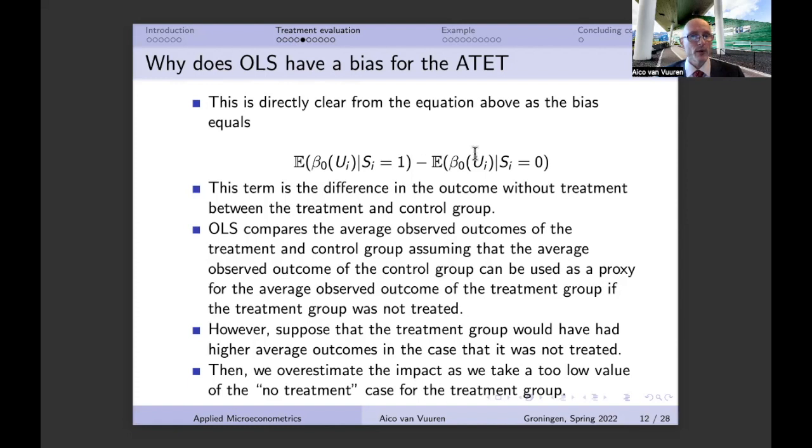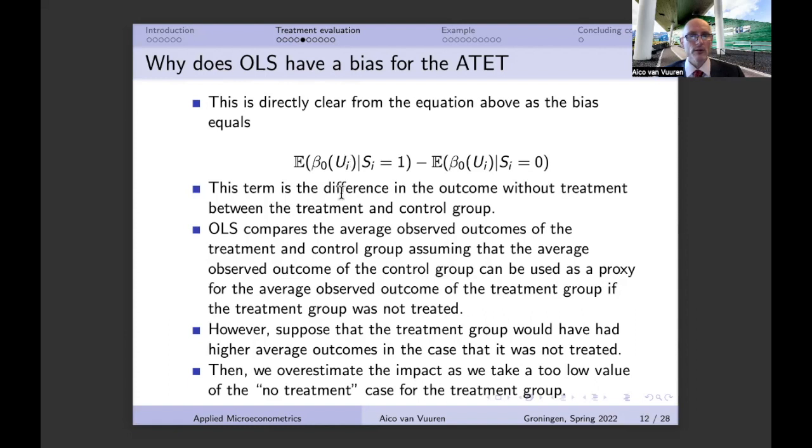That's what ordinary least squares tries to do. And you should realize that that might not always be true, because in many situations it may be possible that the mean outcome of the treatment group in the case that they were not treated is different from the mean outcome of the control group.